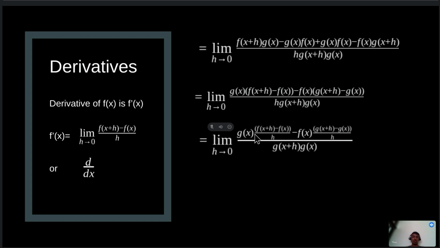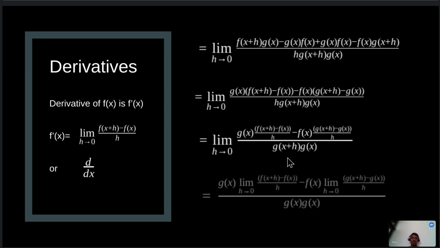You'll notice now that we have everything for a limit function on these two, and these four are just regular functions. When h goes to 0, this will just become g of x. And we can move the limit out for each of these.